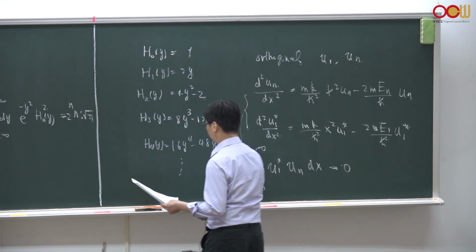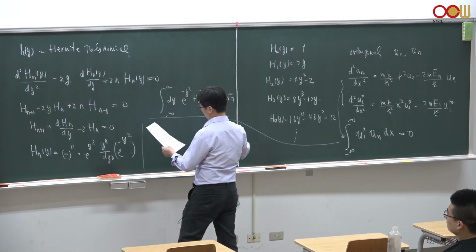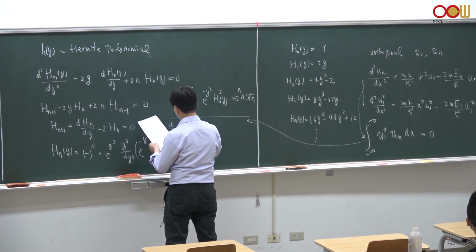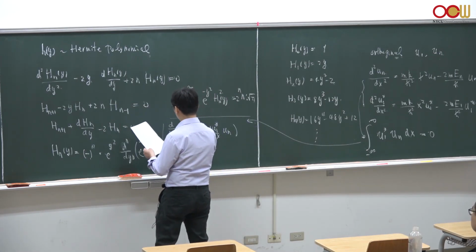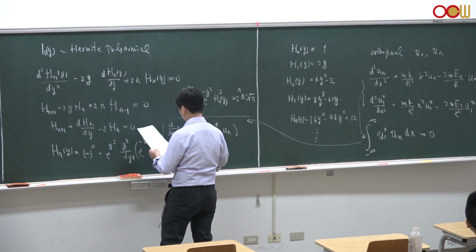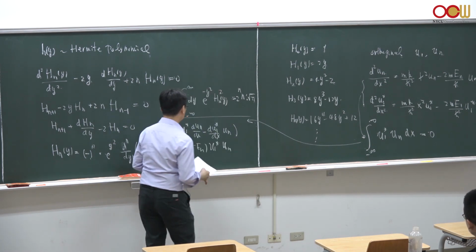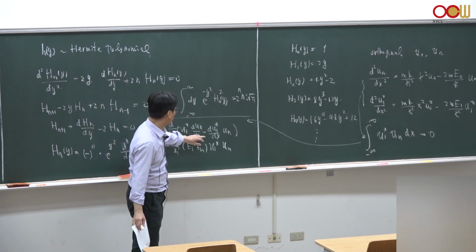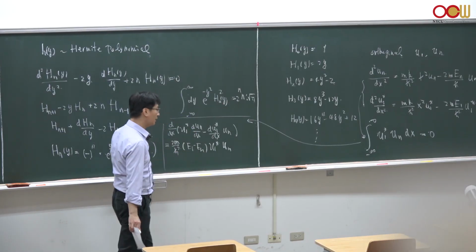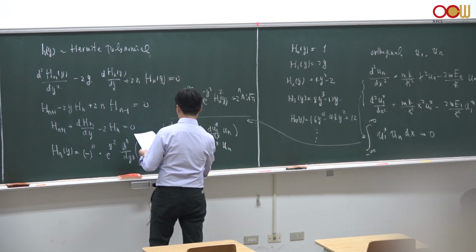If I make this combination of these two equations like this, from the Schrödinger equation I get on the other side of the equation E1 minus En, u1 star un. If I subtract these two equations, I get this on the right-hand side, and then I integrate the equation on both sides.